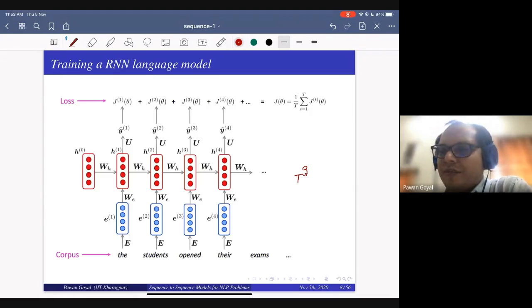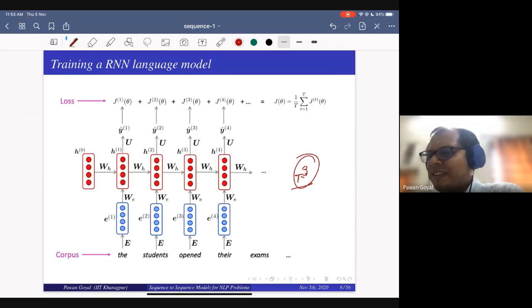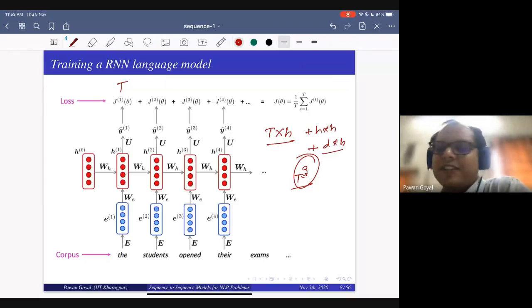Even a trigram language model will be of size T cubed, because you have to store all possibilities: what is the probability of this word given these two previous words? So it is huge in storage, but this is linear in the size of T. It is T cross H, where H is your hidden dimension, plus H cross H, plus D cross H, where D is the dimension of your embedding. This is all your language model.